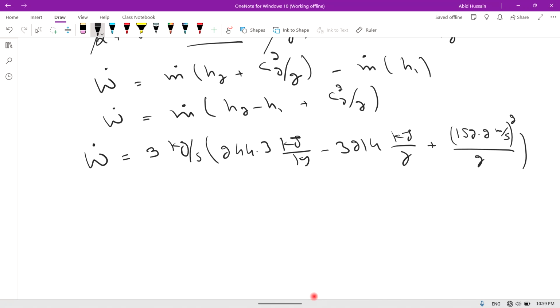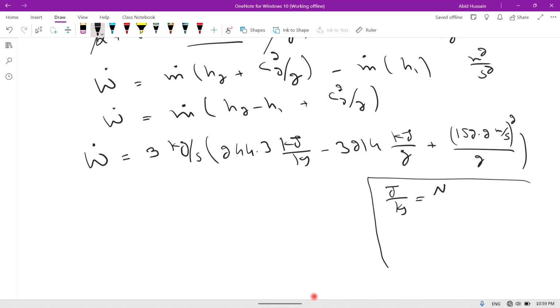Here is a problem. This unit is kilojoule per kg, this unit is kilojoule per kg, and this is meter square per second square. Here it is clear to us that kilojoule per kg is equal to meter square per second square. First I solve this unit, joule per kg.